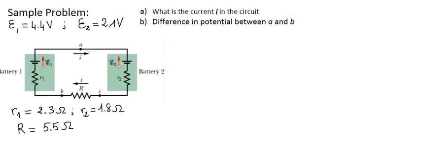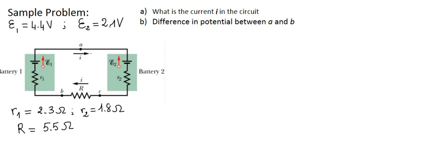So the first question is to find the current. What we will be doing here is the same idea. We take a closed path and apply the loop rule.